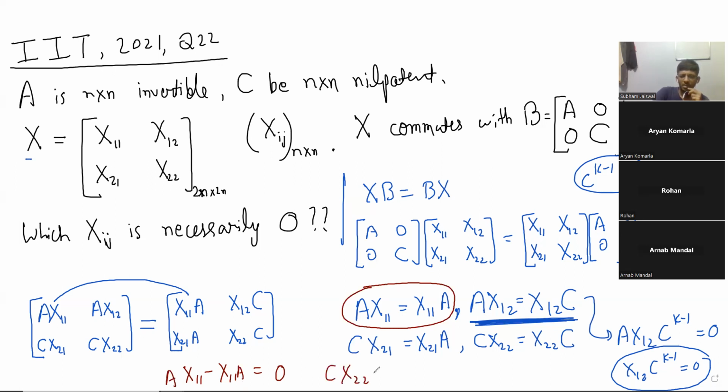Okay, so these equations look like the eigenvalue equations of A and C respectively. What is an eigenvalue equation?